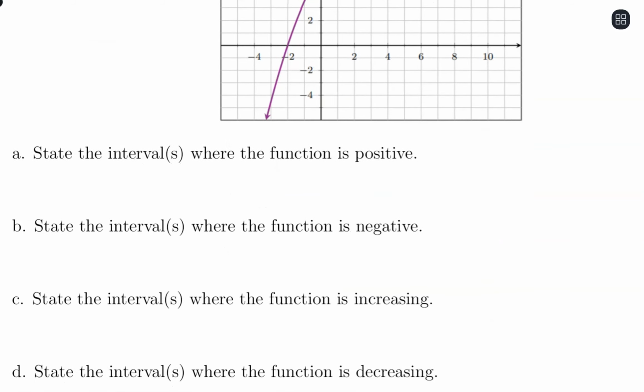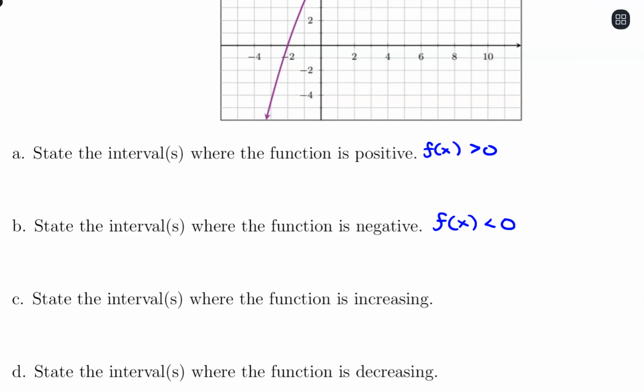So some questions we want to answer. Let's first look at A and B: where is our function positive and where is it negative. This is the equivalent of asking where is f(x) > 0, where our function is positive, and where is f(x) < 0, where our function is negative.